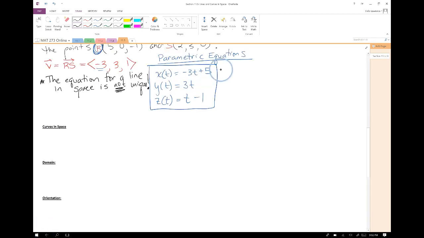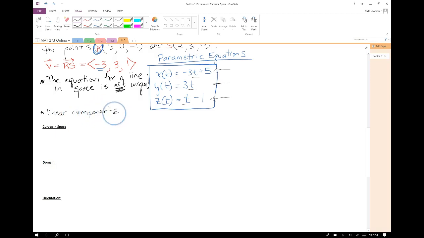Part of what dictates the fact that these three parametric equations are going to create a line in space is the fact that they are all linear equations. They all have t to the power of 1. So linear components create a line.